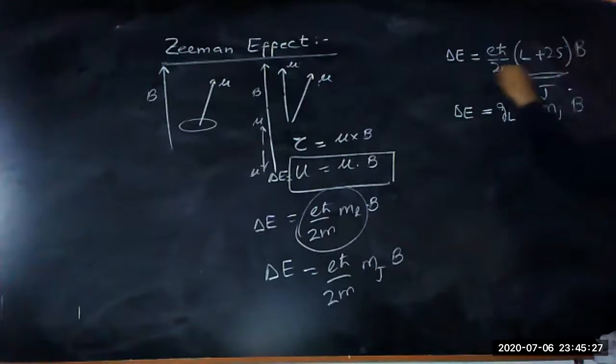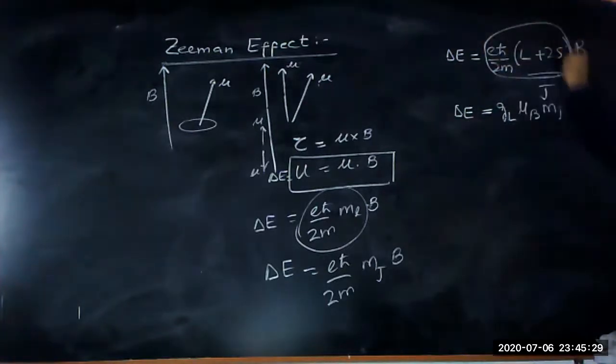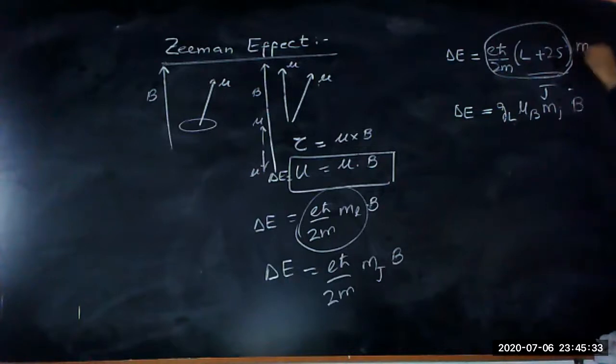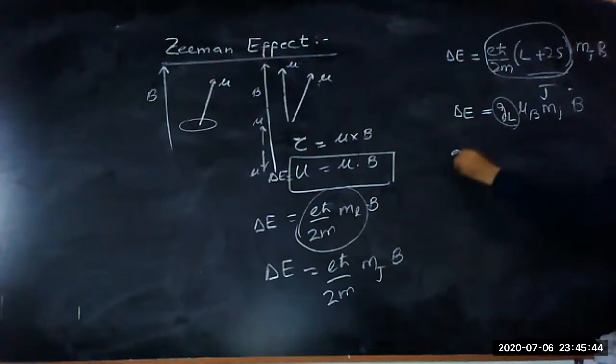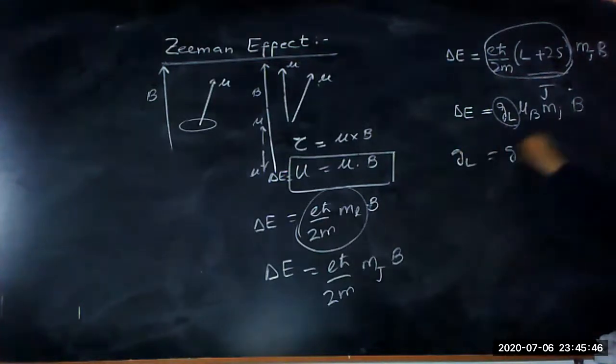This whole thing is the mu_B m_J into B. This g is another factor, we call it the g factor.